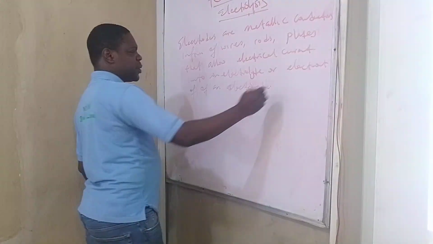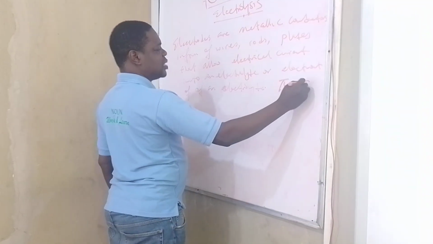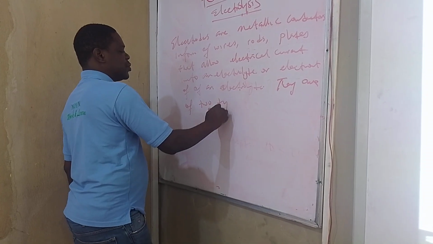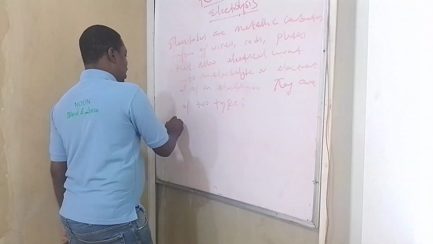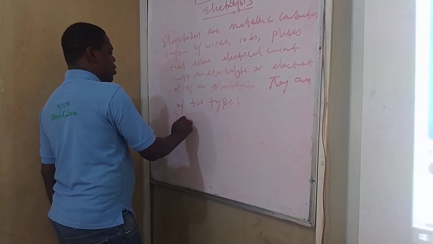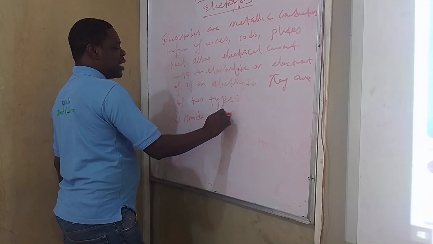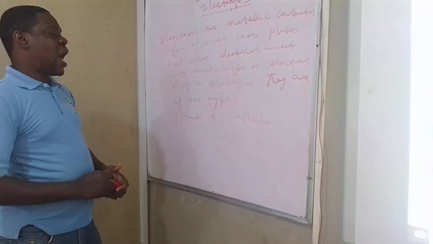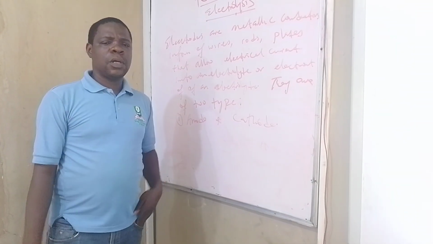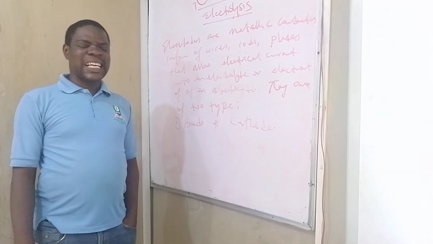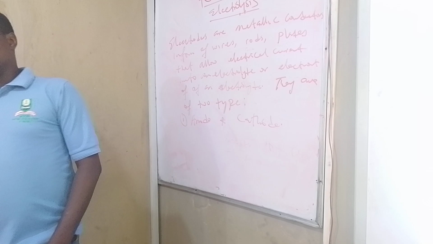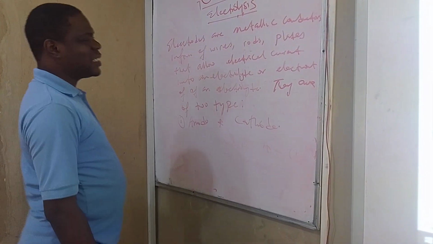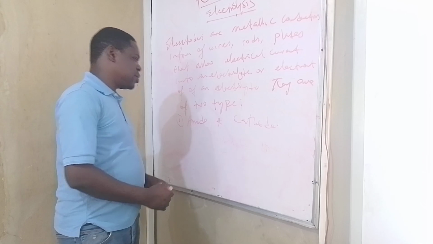And they are of two types: the anode and the cathode. Anode is the positive electrode, while cathode is the negative electrode.